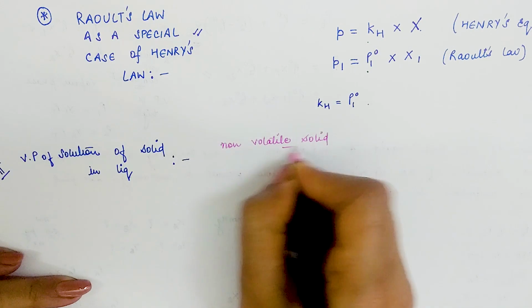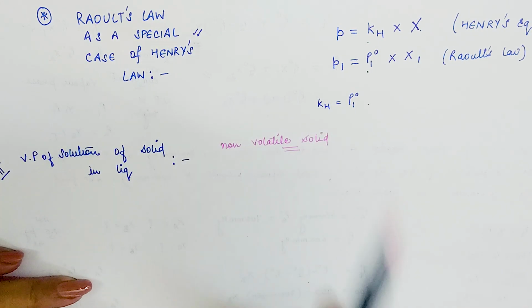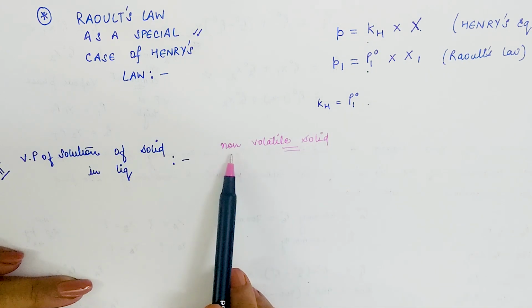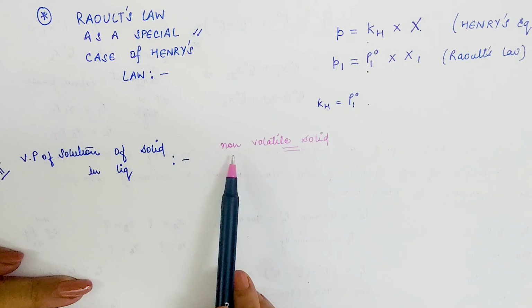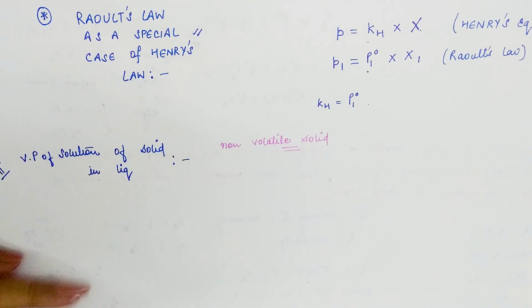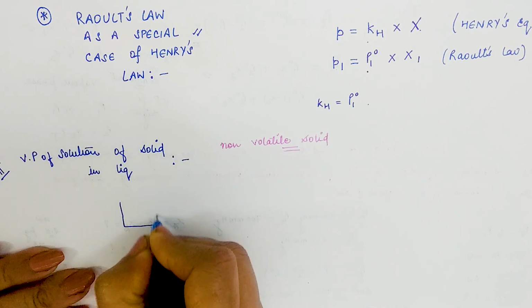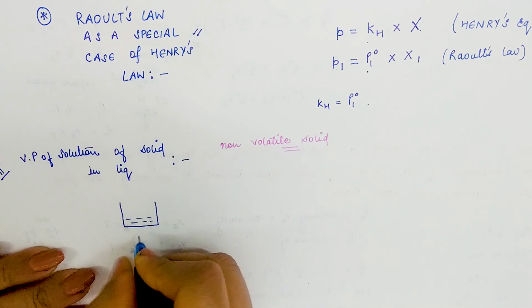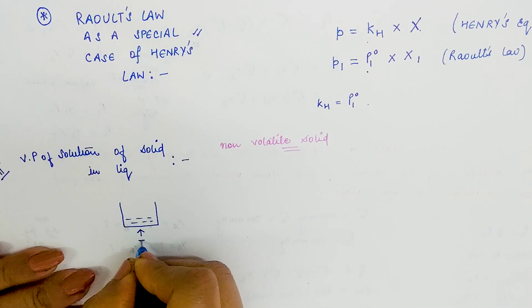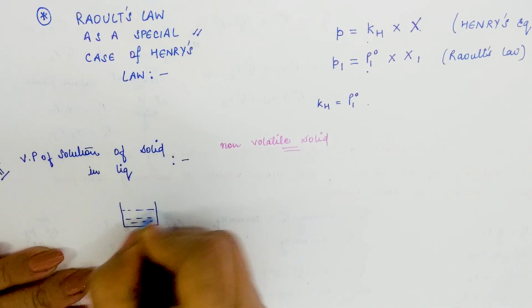There, both the liquids were volatile and both were making the vapor pressure. Now here, the solid which I am dissolving in a given liquid is non-volatile. Just see here, when you heat a given liquid, you are providing the temperature or heat, it will form the vapors.